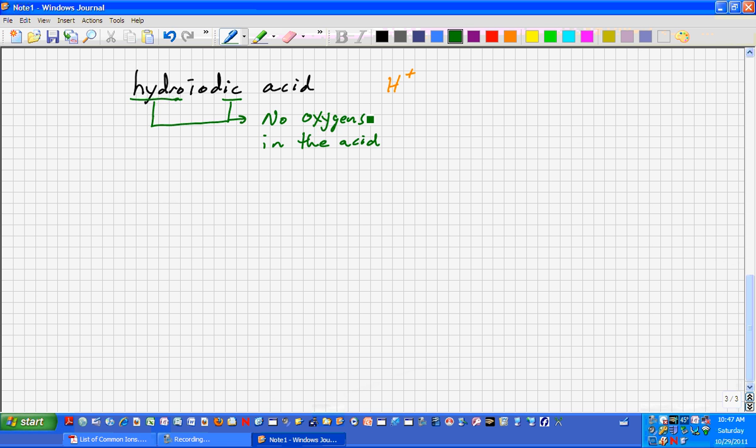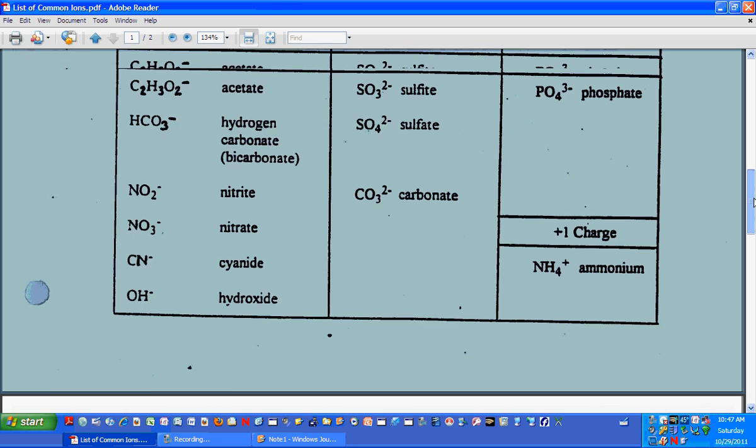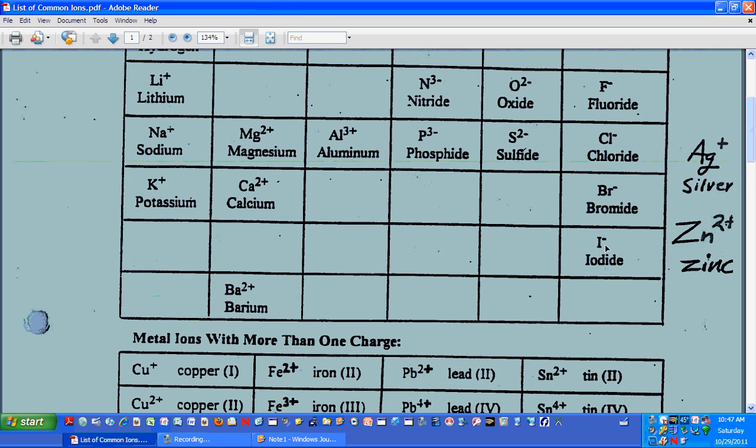So I'm looking for an ion with iodine, because here's my root, iode. I'm looking for an ion that has iodine in it with no oxygen. Really, I'm looking for the iodide ion, and that guy is right there. It's one of the ones we should have memorized.